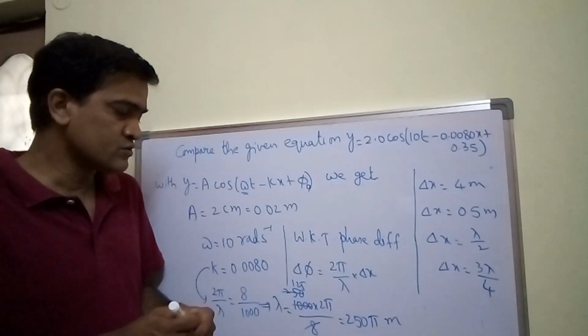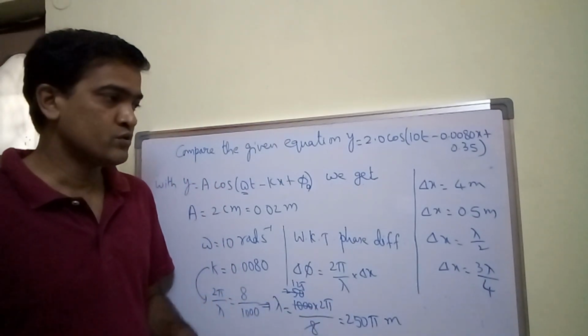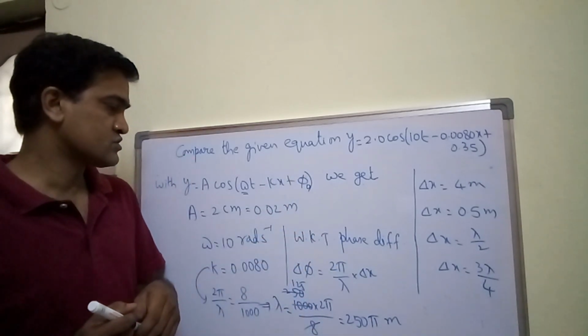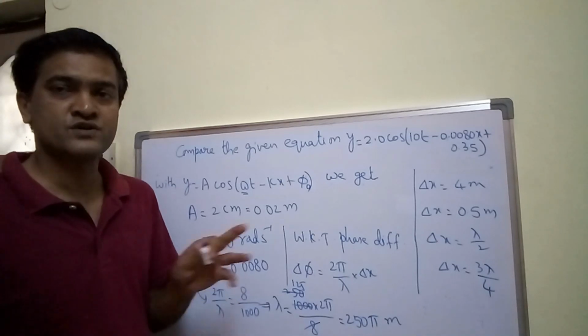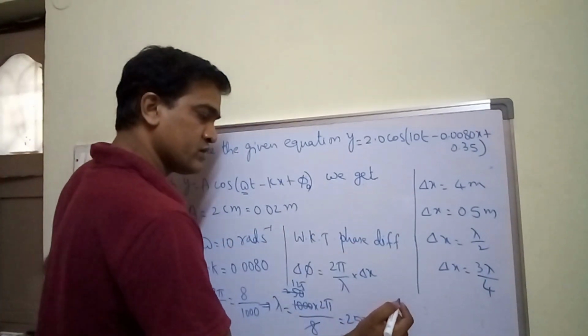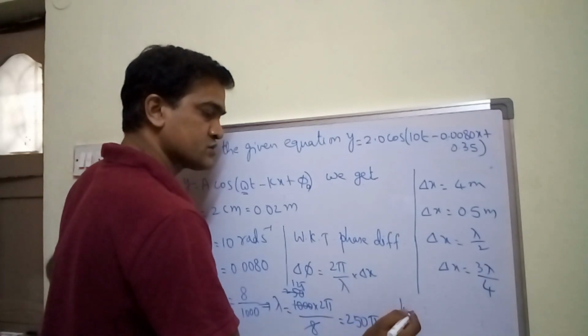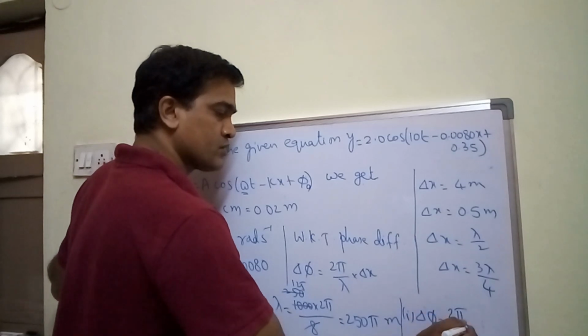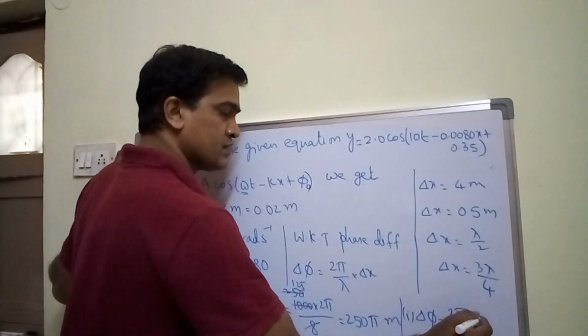Now once you got the value of lambda, you have to find out the value of delta phi, because for the first question, first bit delta x is given as 4 meters. So I am doing first bit delta phi is equal to 2 pi upon lambda into delta x.